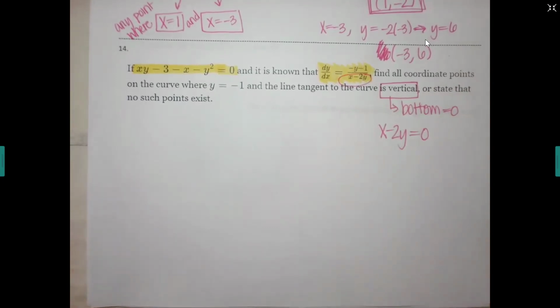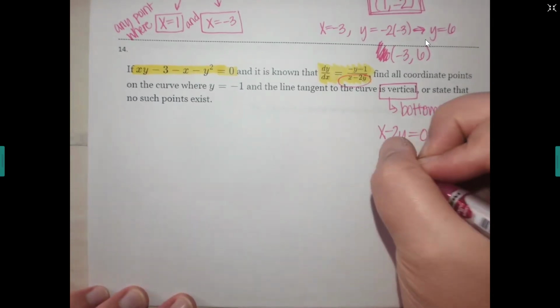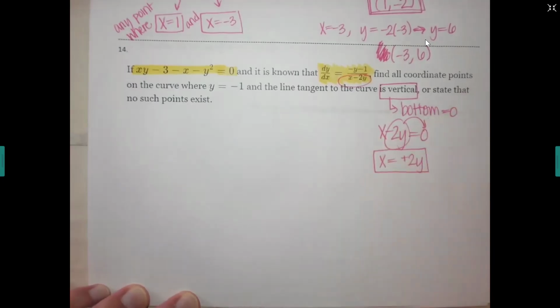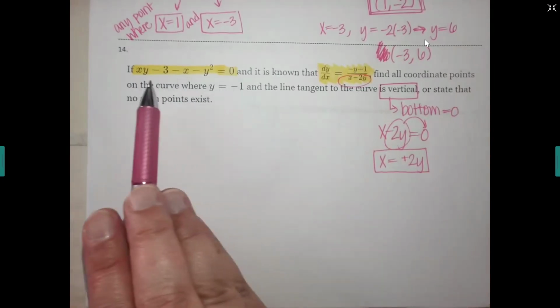Then remember, I can solve for x or y, but I want to pick the one that's going to be easier. So in this case, since my x doesn't have a number on it, I'm going to solve for that. So it'd be x equals, just push this across, now it's a positive 2y. And then remember that I can use that as a substitution back into my original relationship here.